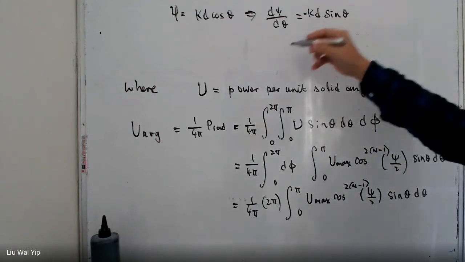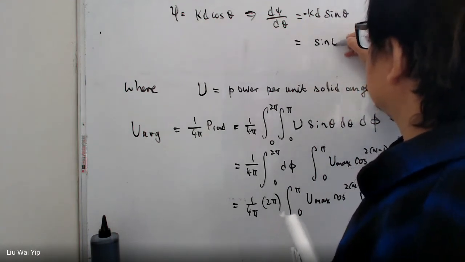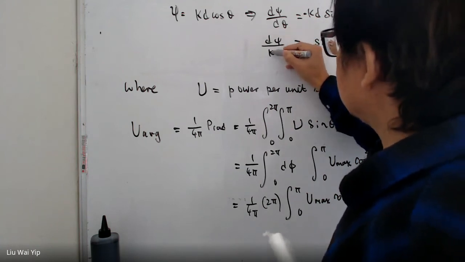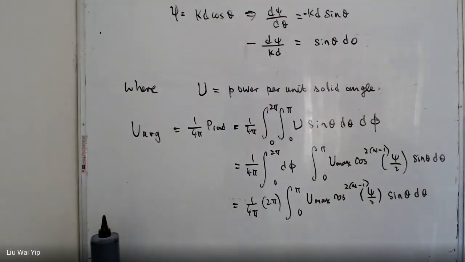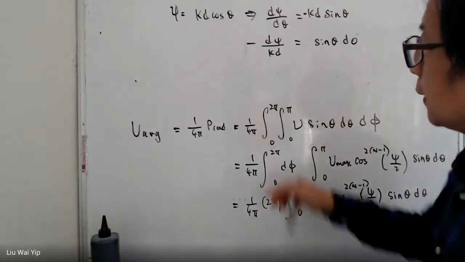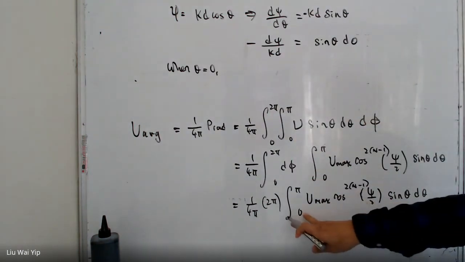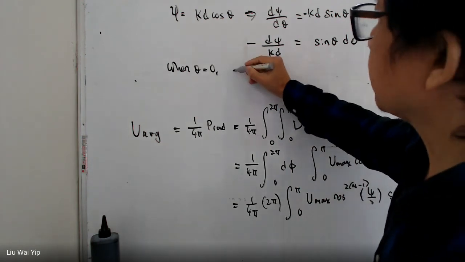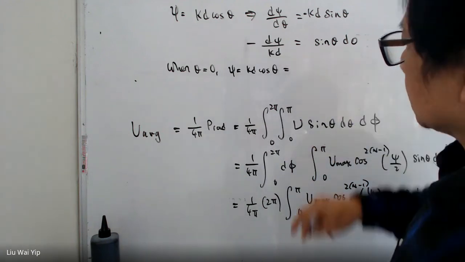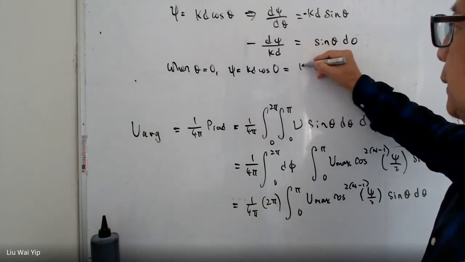With some arrangement, sine theta d theta is going to be d phi over kd, with a minus sign. And when theta is 0, the limit is going to be cosine of 0 degrees, so this is kd.